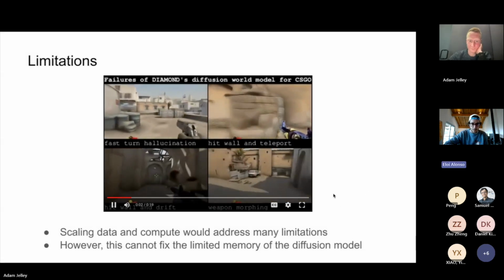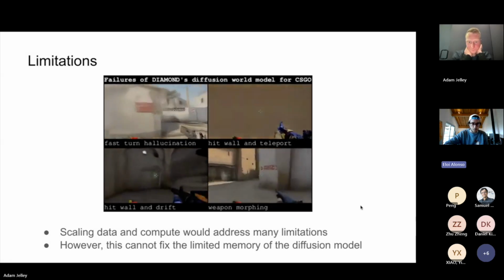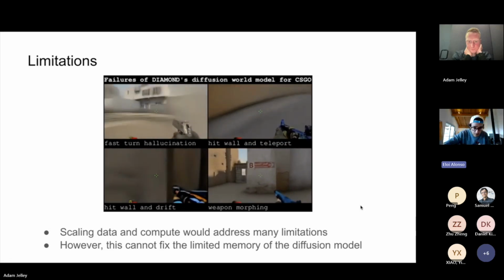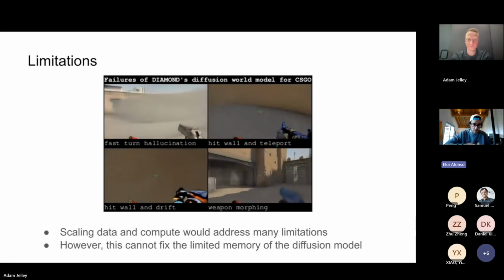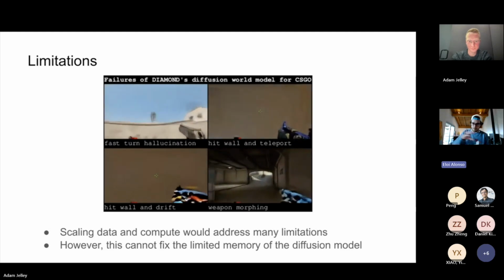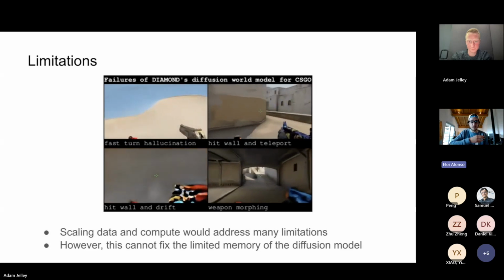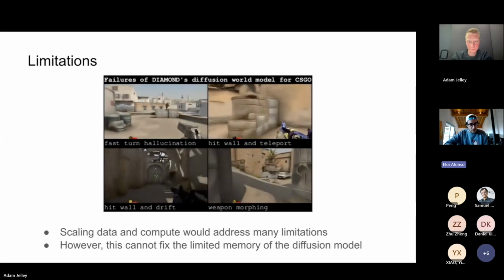These are proper limitations of our model that are quite to be expected. The first one, for instance: when you do fast mouse movements, the model generates blurry things as it should, but then it gets lost, loses its context and just hallucinates things.